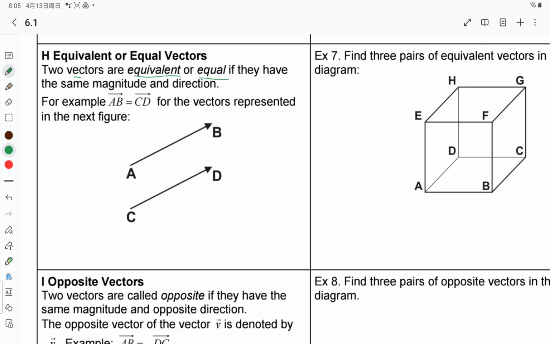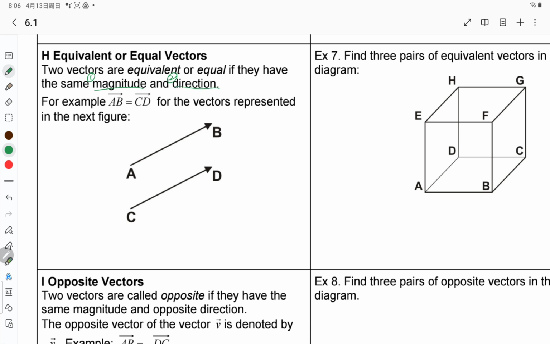One of them is magnitude, and the other is direction. If these two components are the same, then the vectors are equivalent.